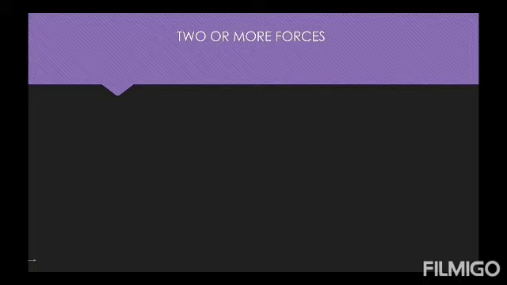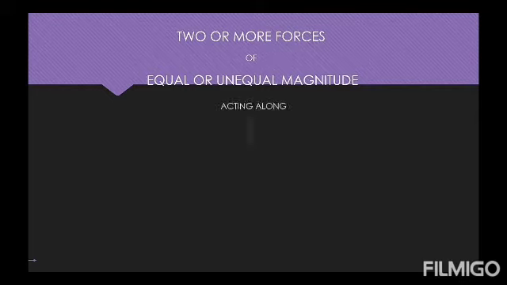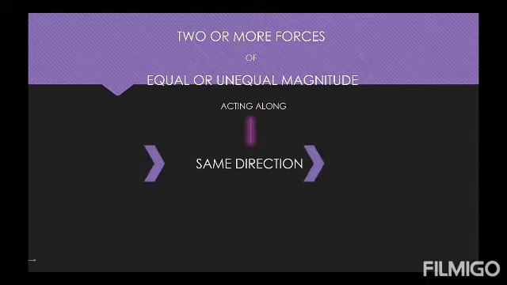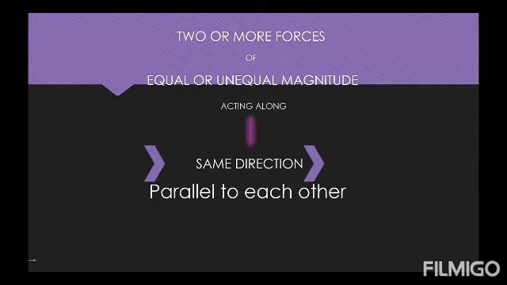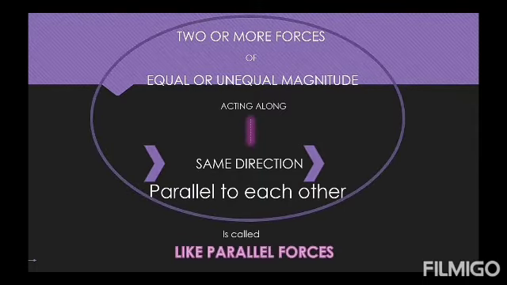Once again, there are two types of force. Say students, what are the two types? Like parallel force and unlike parallel force. Like parallel force: two or more forces of equal or unequal magnitude acting along the same direction parallel to each other is called like parallel force.